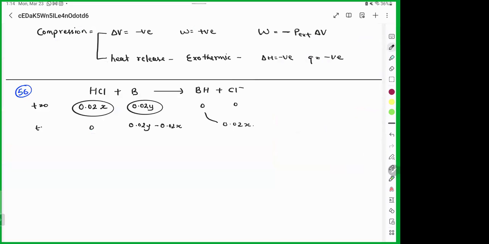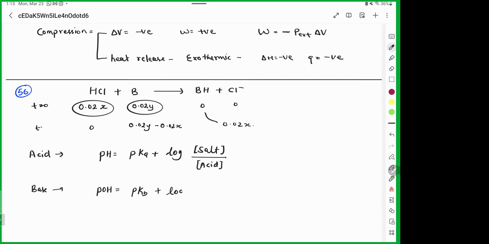No, sir. If we take an acid, for an acid, how to calculate pH? pH is equal to pKa plus log salt concentration by acid concentration. And for a base, we calculate pOH, which is pKb plus log salt concentration by base.